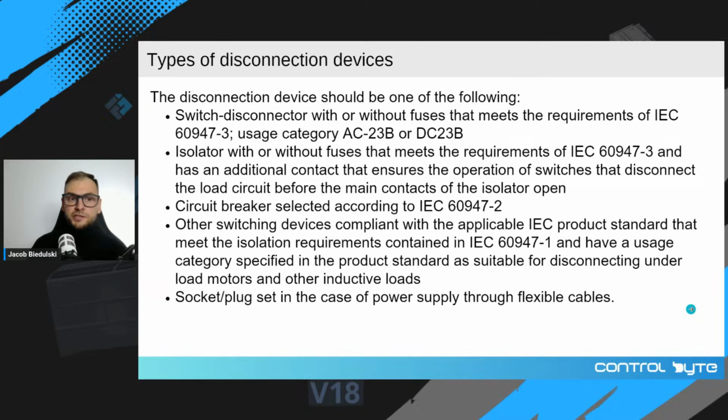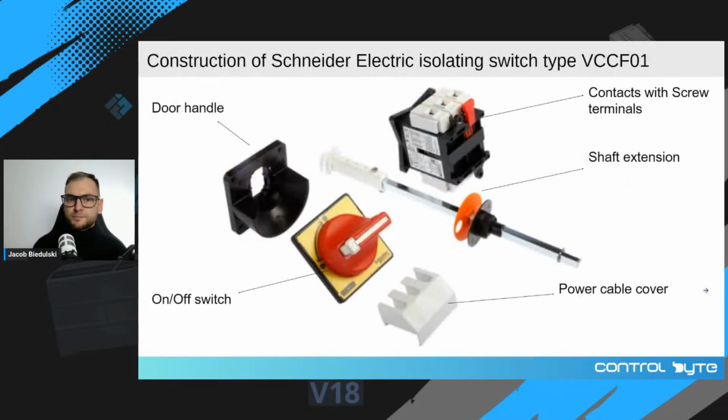So if your machine is connected with a socket plug set, you don't need an additional switching device, okay? You can use this socket plug set as a main disconnecting device.